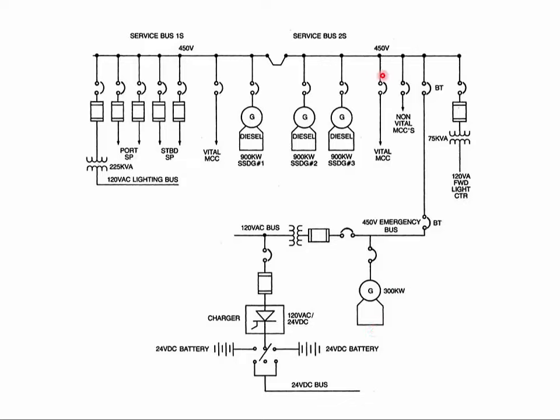Now, if you don't want this automatic bus transfer to take place, let's say I've had a blackout situation and I'm very busy and I don't want to have to restart the equipment on the emergency bus, what I can do is, before I start a diesel generator, open the engine room bus tie.